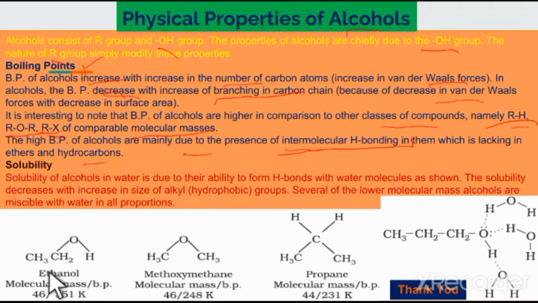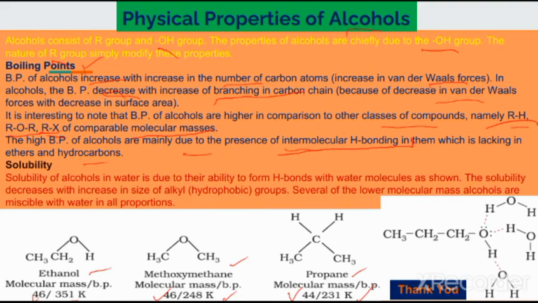Here we can see ethanol, methoxymethane and propane. Their molecular masses: ethanol is 46, methoxymethane is also 46, and propane is 44, which is almost comparable molecular mass. If we consider the boiling point, ethanol is 351 Kelvin, methoxymethane is 248 Kelvin, whereas propane is only 231 Kelvin.